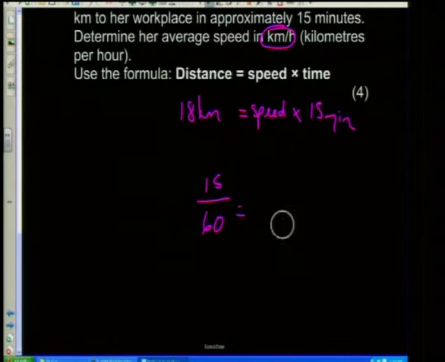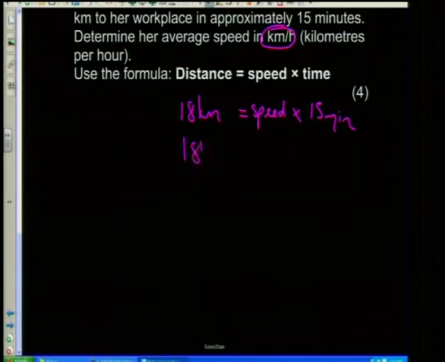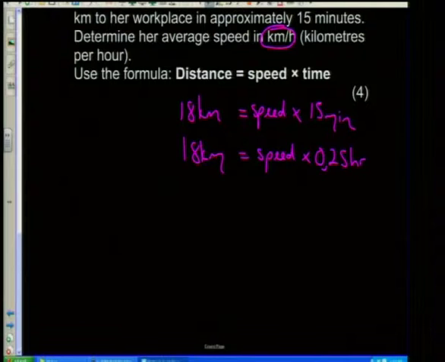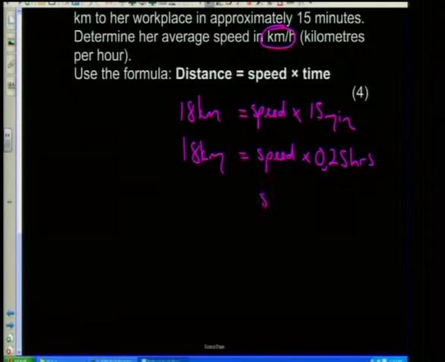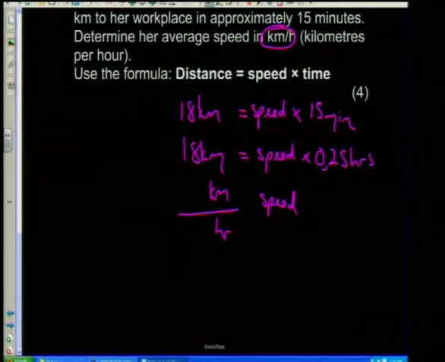So let's change this straight away. Let's take out this 15 minutes. We've got 18 kilometers is equal to speed times 0.25 hours. So what's my speed going to be? Well, it's going to be kilometers per hour, and what does per mean? Divide. So kilometers per hour is kilometers divided by hours.